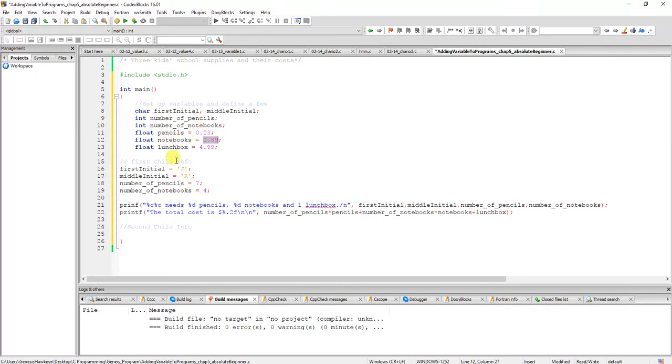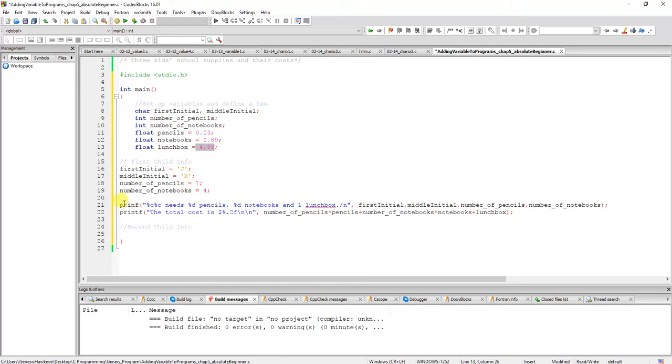So that plus the lunchbox. The lunchbox cost, or the value of the lunchbox, is 4.99, and you add that to it. So it's going to be 7 times 0.23 plus 4 times 2.89 plus 4.99.